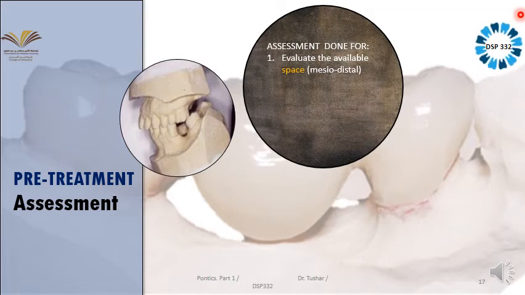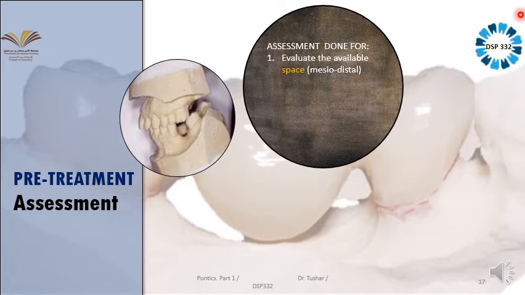Because if there is a lot of tilting and the mesiodistal space is very less, then better not to go with that fixed partial denture. You have to do orthodontic tooth movement to correct the angulation of the tooth and then go for the replacement. So your treatment plan has to be changed, right? So that is why your pre-treatment assessment is also important.